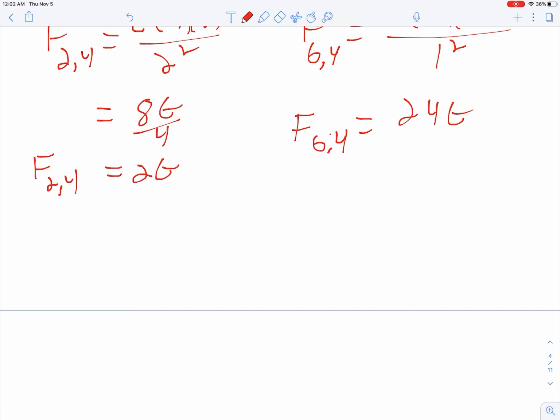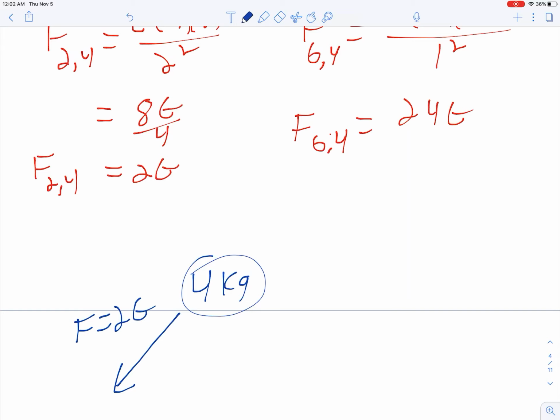So this one, I have my 4g object, 4 kilogram object. It's getting pulled two ways. It's getting pulled this way with a force of 2g, and it's getting pulled this way with a force of 24g.